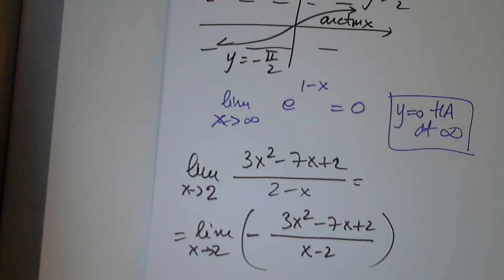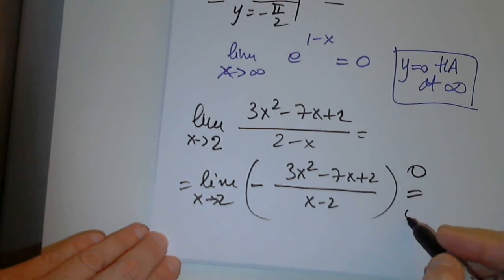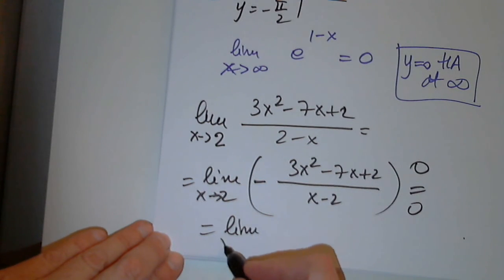Okay, so what do we do first? Always? Plug it in, very good. So please plug in the 2 at the top. 0. Please plug in 2 at the bottom. So what is the culprit that I know creates the problem?